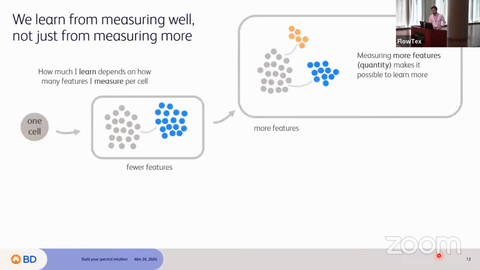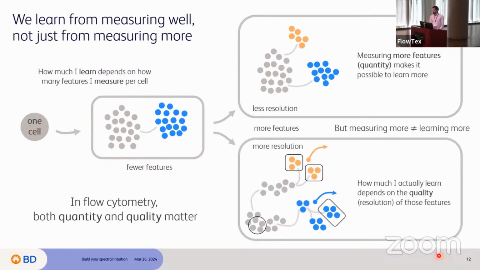What is their fate? But as all of us know from spending time in the lab, you don't just learn by measuring more stuff, you learn by measuring it correctly and by measuring it well. So of course, how much I can learn per cell depends on how much I measure per cell, right? The number of features. If I measure more features versus fewer features, I can resolve more detail. But it's not just the number of things I measure, it's the quality with which I measure those, right?